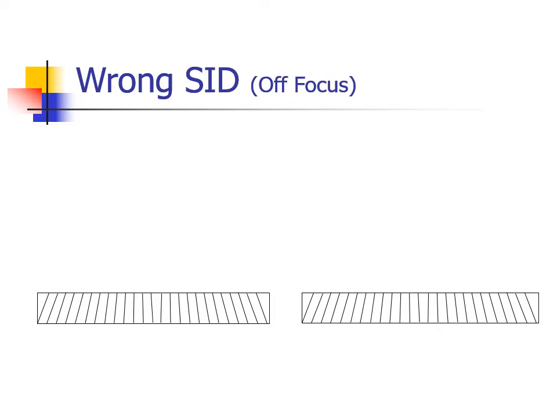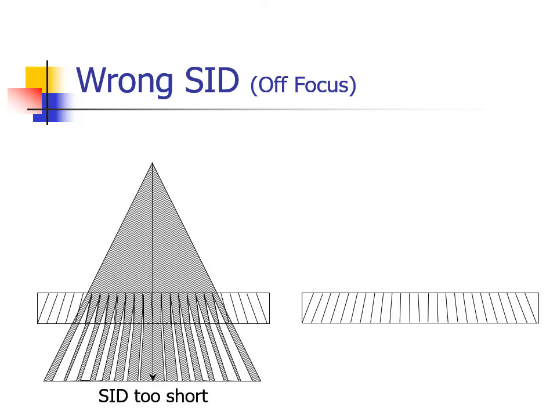Focused grids also have a distance problem. They only function properly within a particular range of distances. For a focused grid, the source to image distance can either be too long or too short. Of the two problems, too short a source to image distance will cause the most cutoff.